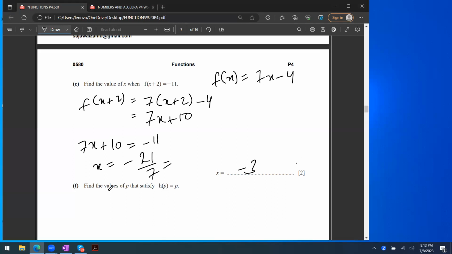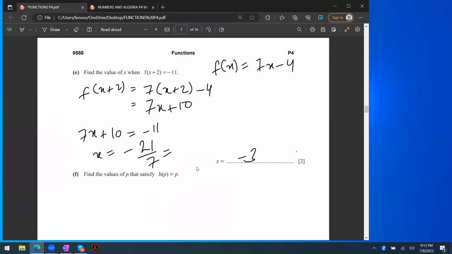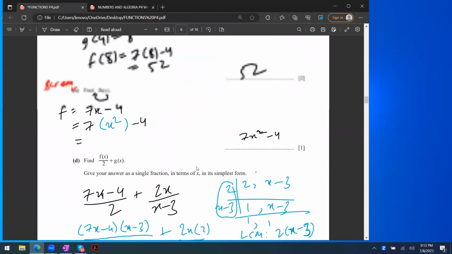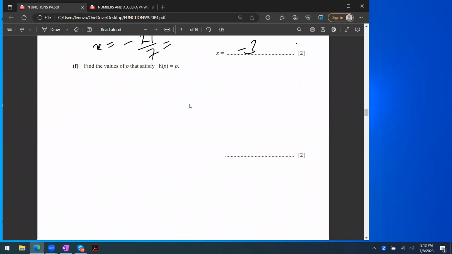Now find the values of p that satisfy h of p is equal to p. It's very simple. Nothing complex here. You just need to first write the h function. The h function is x squared. So what is h of p? It's just p squared. So they say p squared is equal to p.